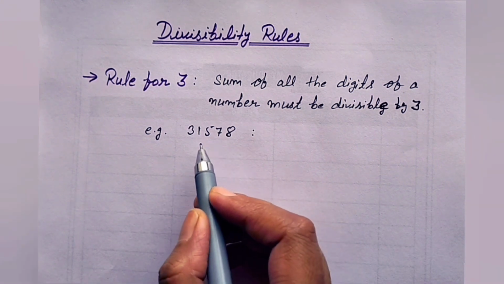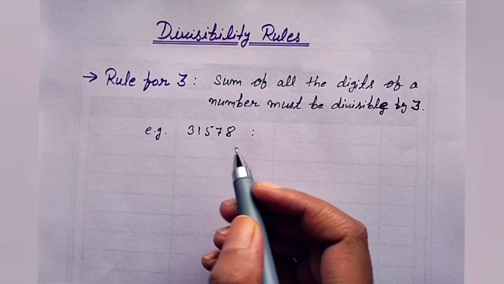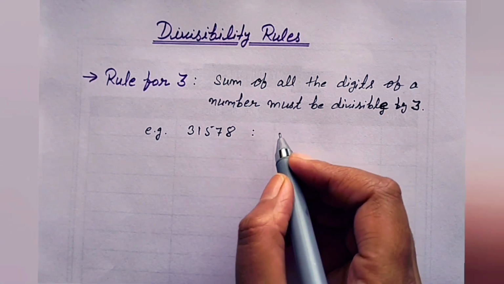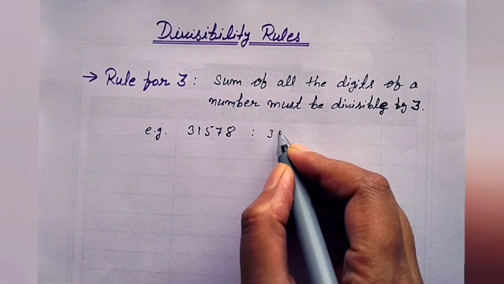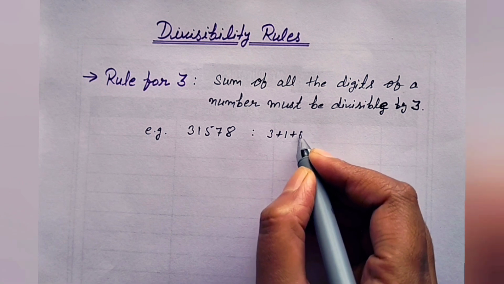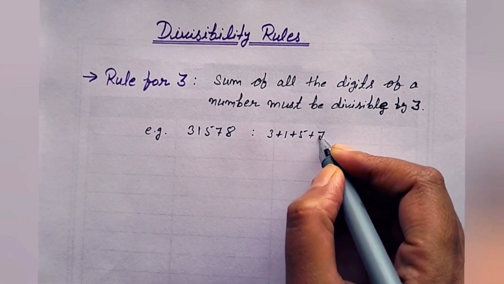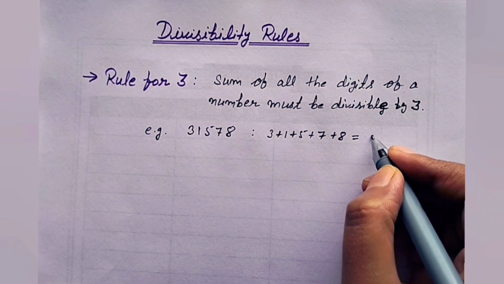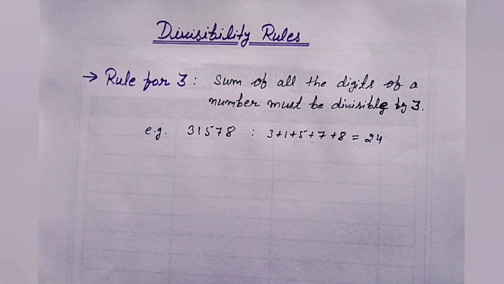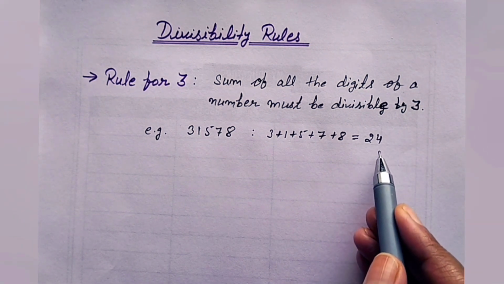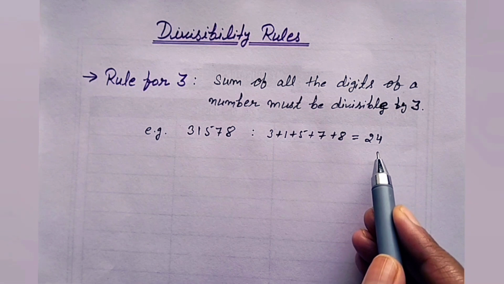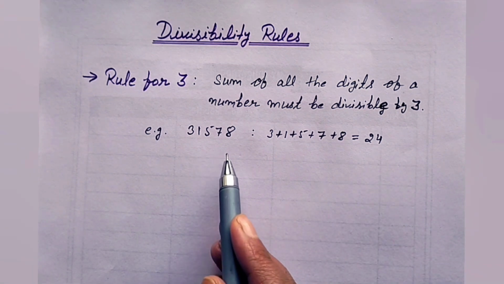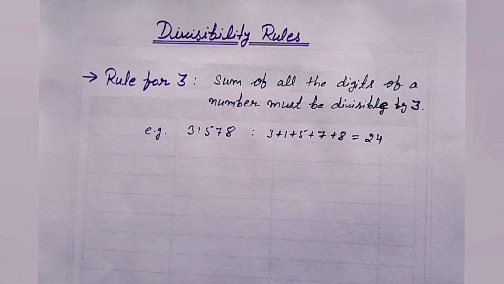To check if this number is divisible by 3, we will add these digits. So, 3 plus 1 plus 5 plus 7 plus 8. That gives us 24. So 24 is completely divisible by 3. So that's why this number will also be divisible by 3.